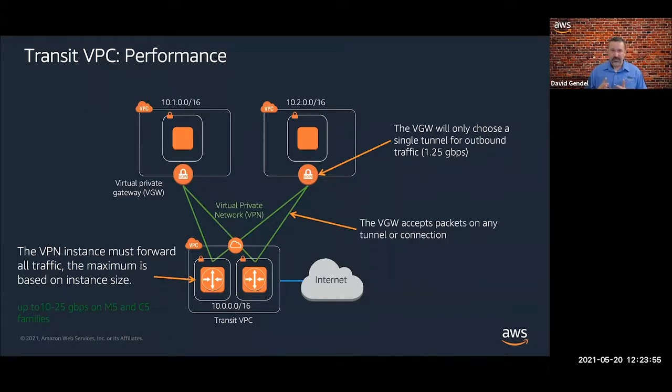That's how much bandwidth your instance can handle, but your VPN tunnel is going to be limited to 1.25 gigs per VPN tunnel. Also, bear in mind, as you size up your instances running your third-party software, that's also going to impact your licensing. Some third-party VPN solutions or security solutions base their licensing costs on the size or number of cores that you're running. So keep that in mind as well.